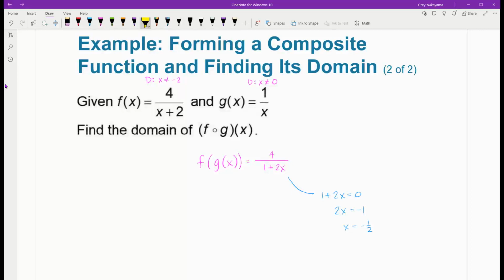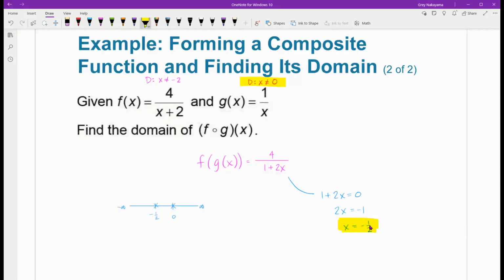So what I said earlier, when you're trying to find that composite, you're looking at the inside, which is this guy right here, and you're looking at the final one. And that's the domain of my final one, basically what it can't be. X can't be negative 1/2. X cannot be 0. X can't be negative 1/2.